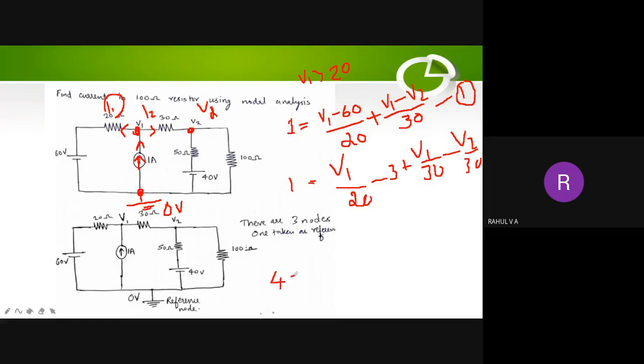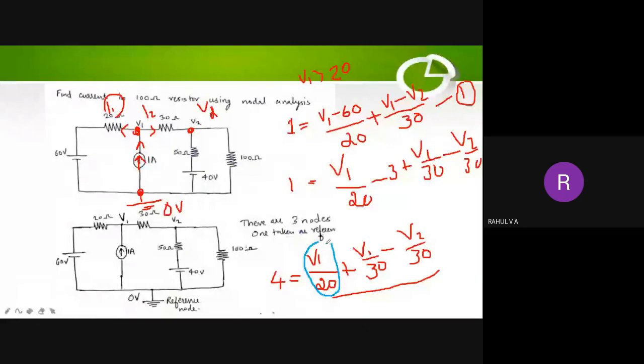4 is equal to V1 divided by 20 plus V1 divided by 30 minus V2 divided by 30. So take these terms into a common denominator, that is 60, which is very easy. You can multiply this part by 3, so it becomes 3V1 by 60, and this part by 2, 2V1 by 60.